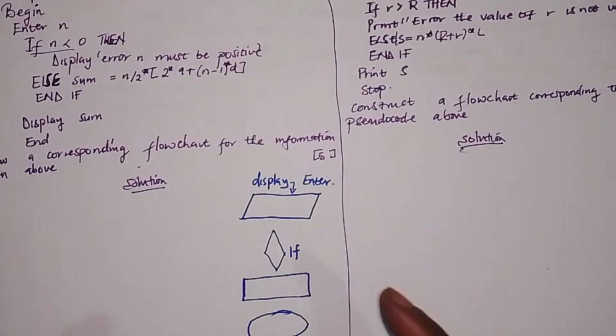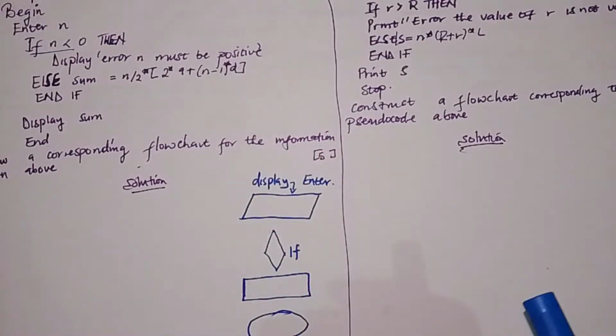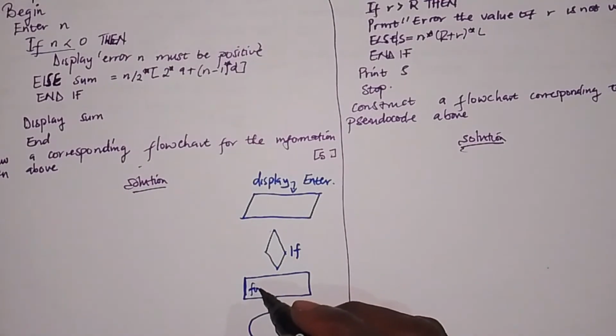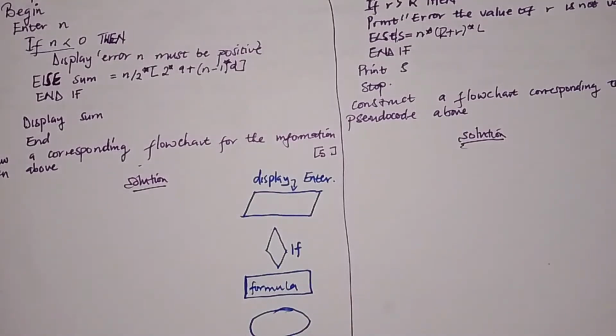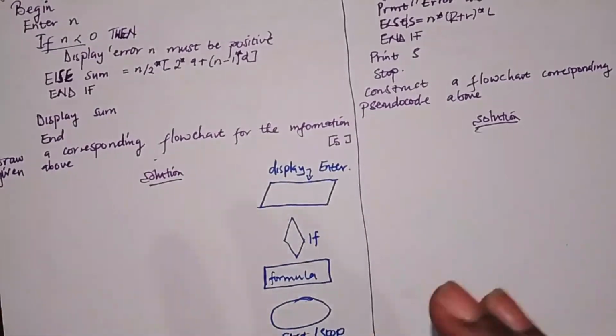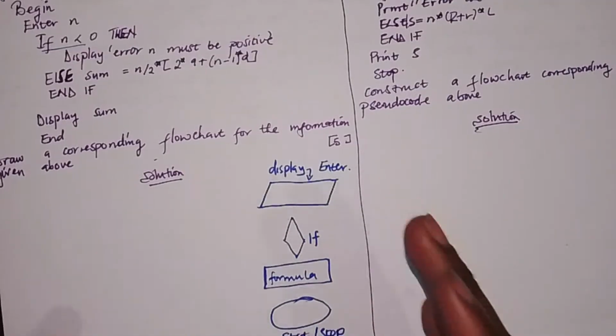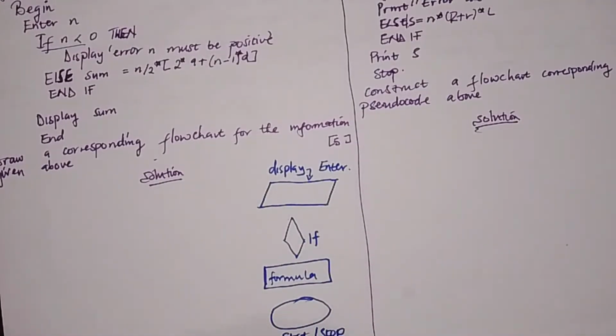I require everybody to pay attention to these shapes, because once you miss a shape, you stand a chance of losing the 5 marks. Again, this is for the formula: whenever you see a formula, remember you are supposed to enter it in this box. These are the 4 important shapes you need to understand on pseudocode.